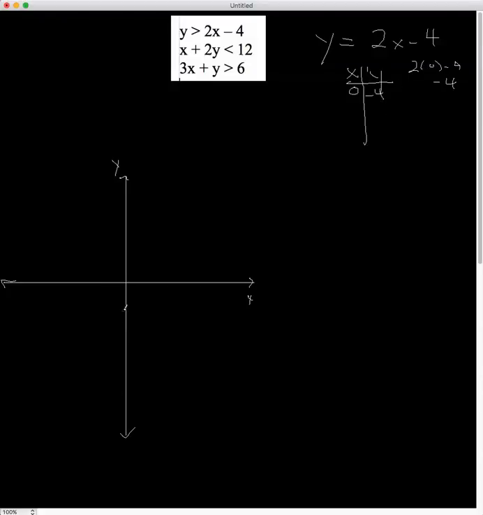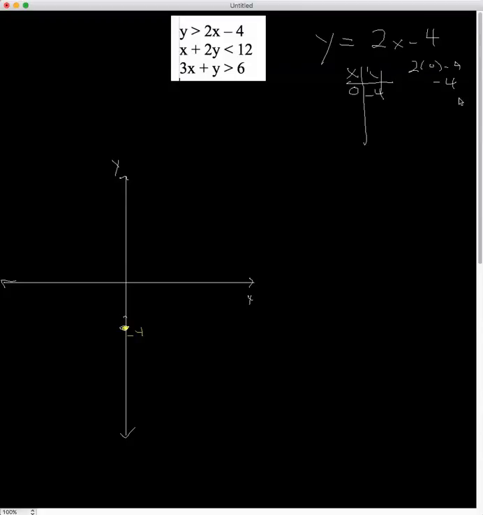So 0 minus 4, let's put it right here. Okay, now let's pick another point.